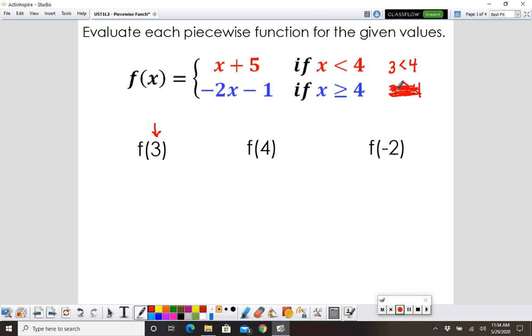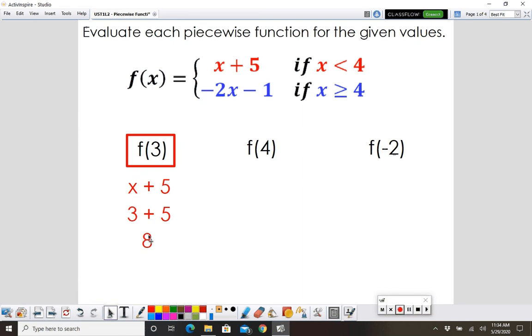So that means I'm going to plug it into this first equation. I'm going to use the red equation and start by writing it out, x plus 5. Then the rest is just like what we used to do. I take this x value, plug it in, and solve it. So f of 3 equals 8, which means on a graph this would be your ordered pair (3, 8).